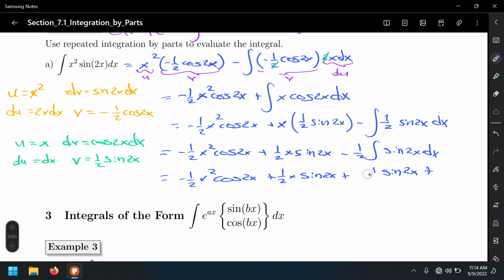But how about we just go with 1/4, because 1/2 times 1/2 is indeed 1/4. All right? Yes, that's what I meant, but not what I wrote. Thank you. All right? And I'm missing the plus c. And that's our final answer.